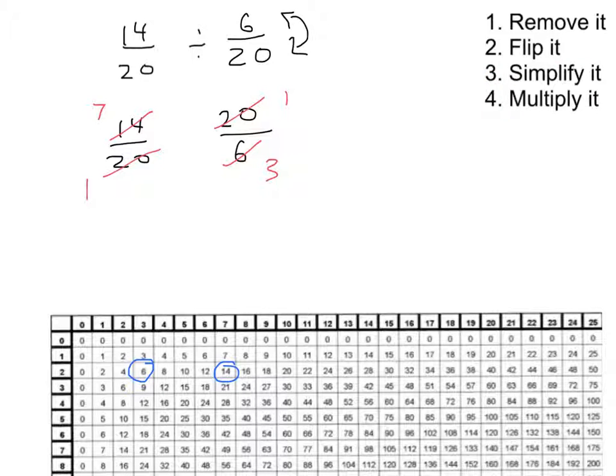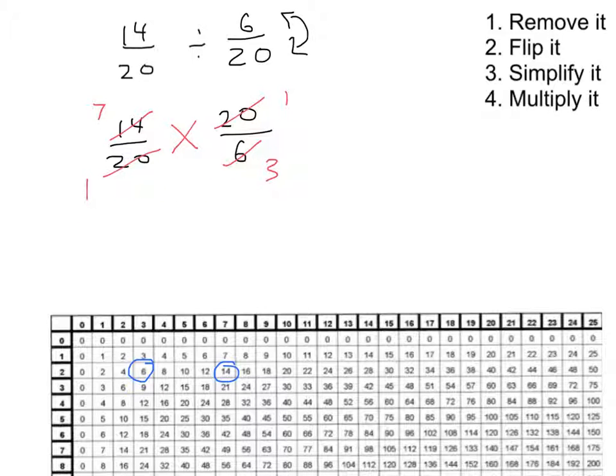The next step is for us to multiply it. So now we can put the multiplication sign in. And remember, when we multiply horizontally, meaning we multiply the numerators together and the denominators together.